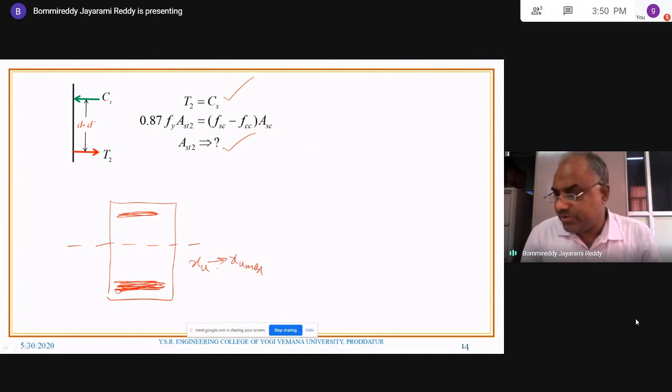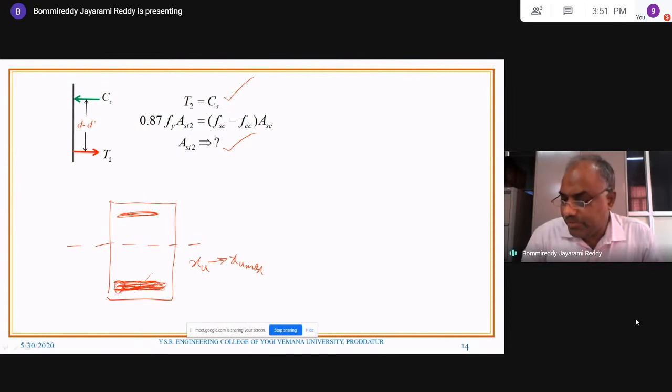Once Xu reaches Xu maximum, there is no further increment of moment due to additional steel. Any amount of steel can be provided, but if the resistance of the tensile steel is more, compressive resistance also should be more, so that it will take more moment of resistance.